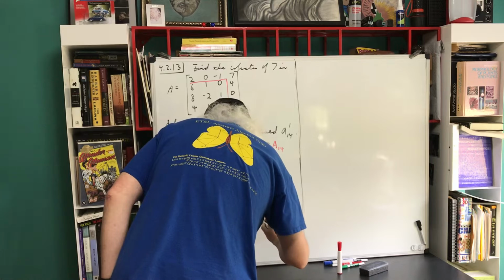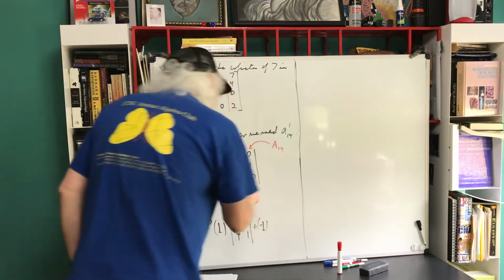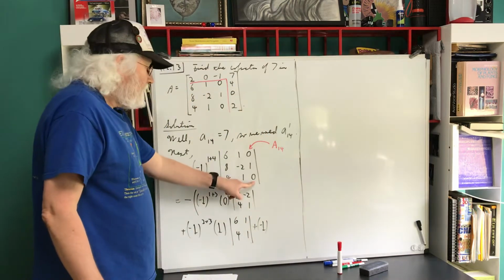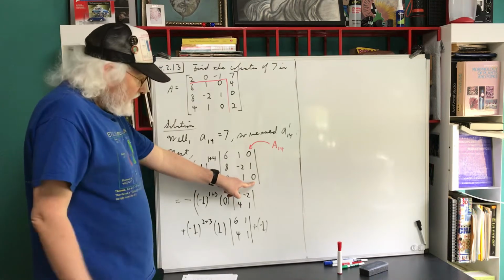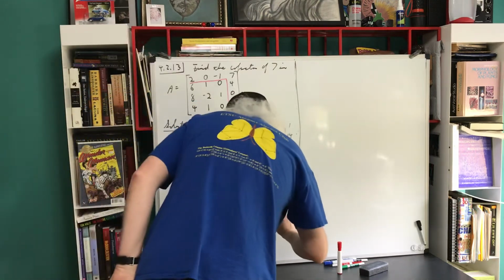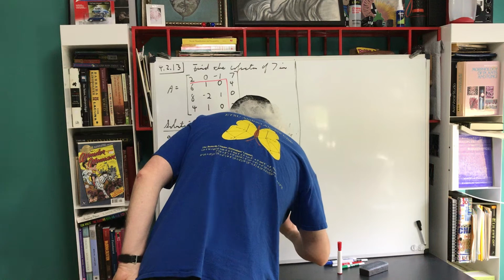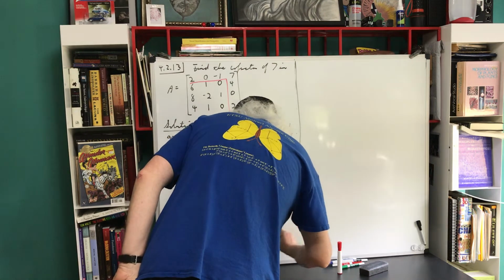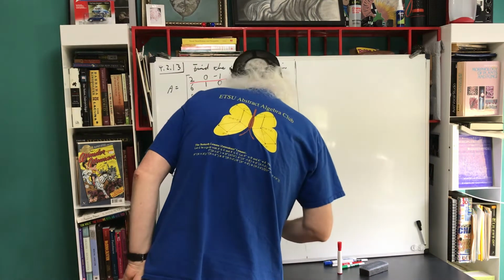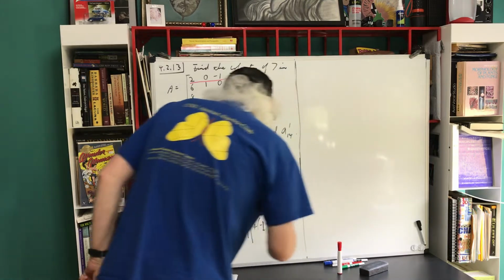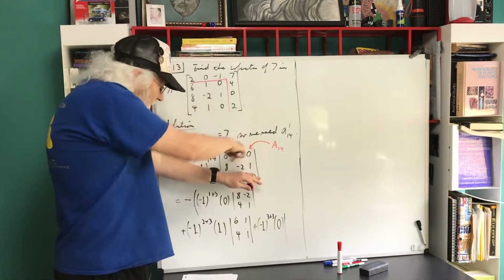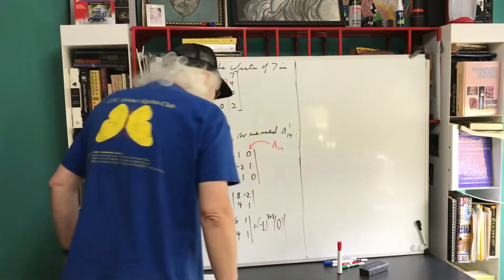Next, we'll get negative 1 to the, moving to this 3, 3 entry in the minor matrix, negative 1 to the 3 plus 3 times the entry 0 times the determinant of the minor matrix. The minor matrix we get from eliminating the row and column there is 6, 1, 8, negative 2.